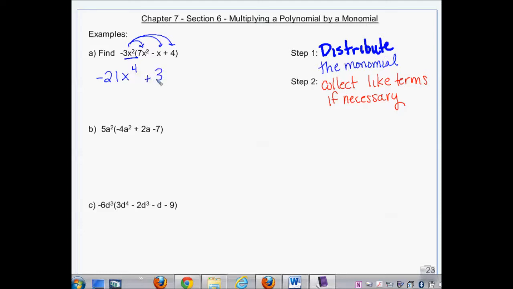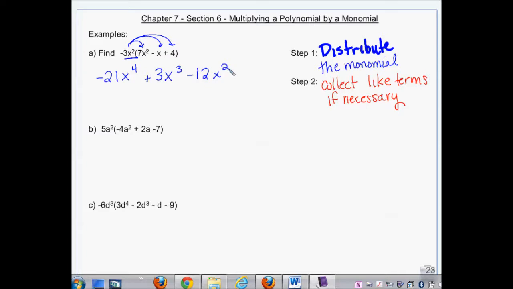Yeah, when two common bases are being multiplied, you add the exponents. You multiply the exponents if you're raising to a power. So the negative times negative gave me the positive, and then x squared times x is x to the 3rd. And then -3 times 4 is -12, and then it's x squared, because there's no x's.